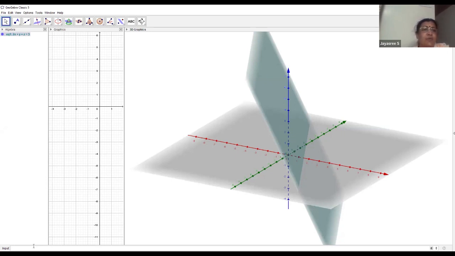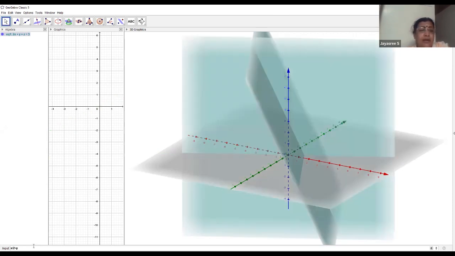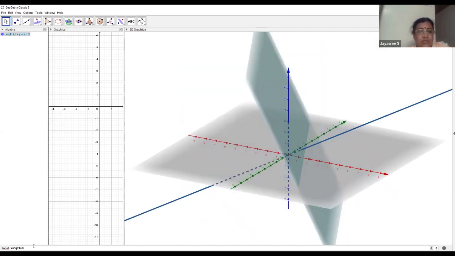So I type the equation x by 2 equal to y by 1 equal to z by 1. You can see a blue line that is perpendicular to the plane.